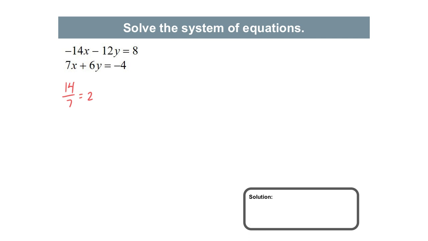Right away, since that's a nice number, you could keep going and check, but I don't mind multiplying things by 2. So I'm going to multiply the equation with the smaller number by 2 so that I can make it look like that 14. So every number, remember when we do that elimination, you have to multiply every single number. Don't leave one off.